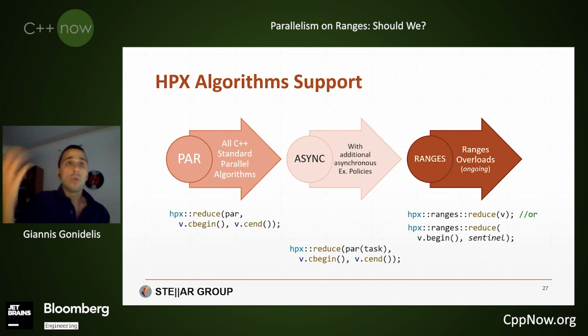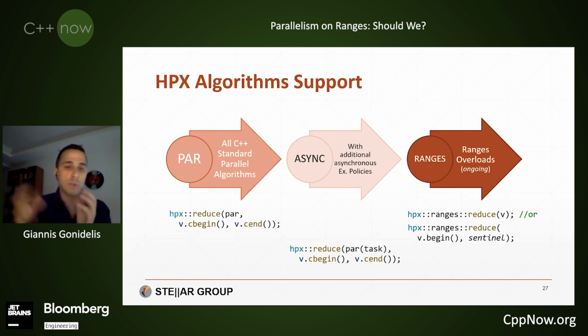So we are one of the few standard libraries that actually provide you with the ranges algorithms. That's what I'm working on. It's an ongoing project. We haven't finished yet, but we are very optimistic about finishing this task by September or something. So these are the great big algorithmic families that you can use when you're using HPX. And I want you to keep those in mind while I proceed with how we could parallelize ranges.